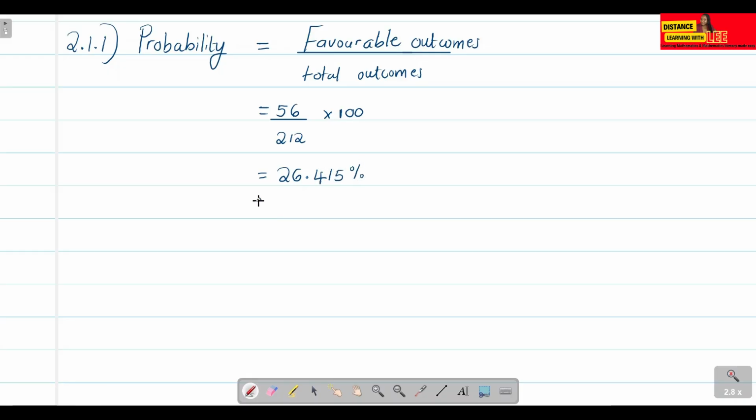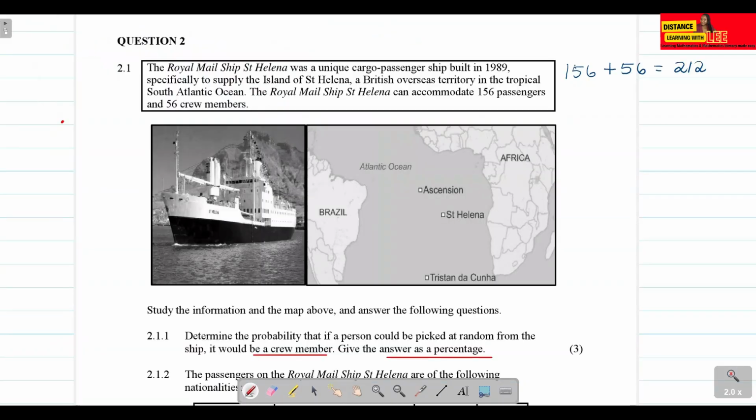If we round this off to 2 decimal places, that is approximately 26.42%. So the probability that a person picked at random from the ship would be a crew member is 26.42%. All right, let's go on to the next question.